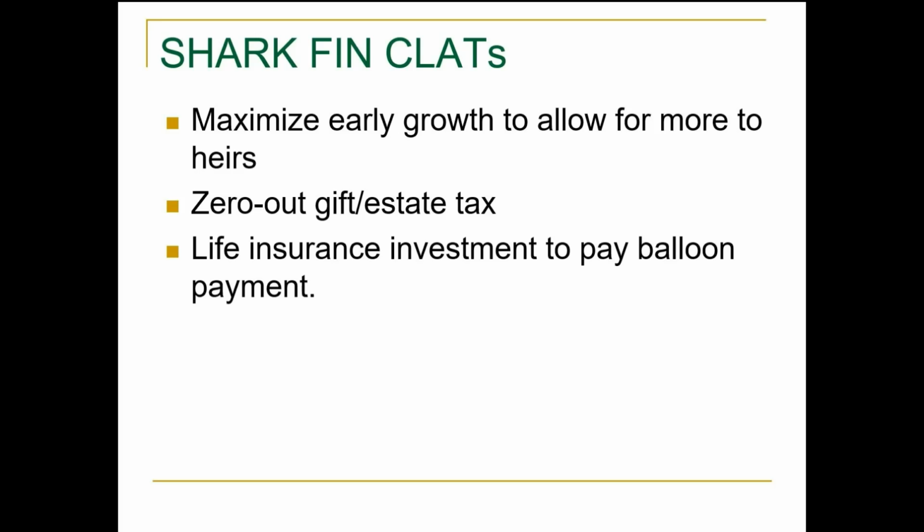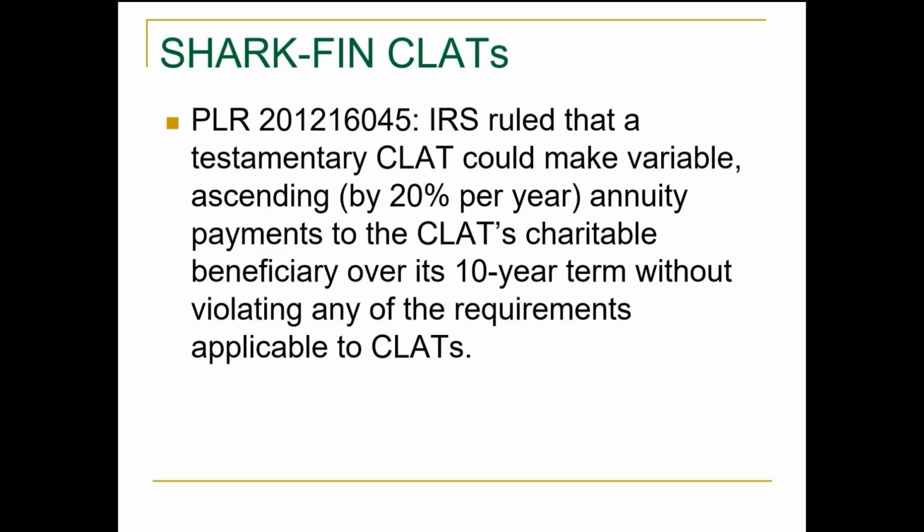In other words, we make a gift to a CLAT, and depending on what structure we have, our charitable deduction for income and gift tax purposes will essentially equal what we've contributed. So that's an opportunity. Again, as we've discussed, life insurance is the investment used to pay the balloon payment at the end.